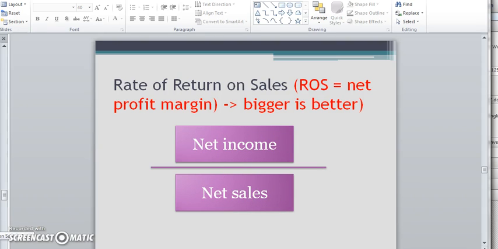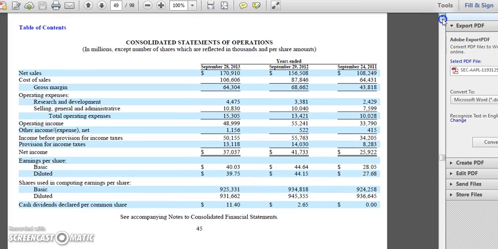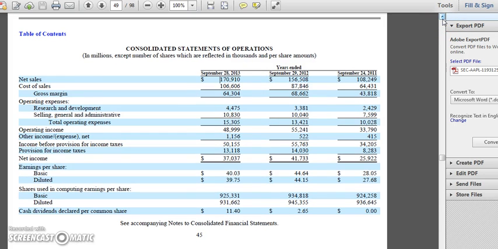Now let's take a look, because I like how we've been doing it. I've been using Apple because I've been able to get their annual report, and this is their annual report for 2014. Let's see.